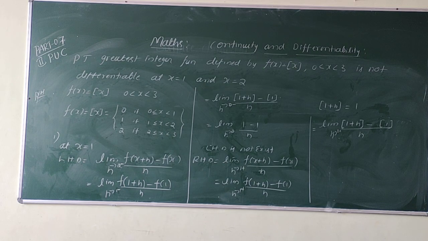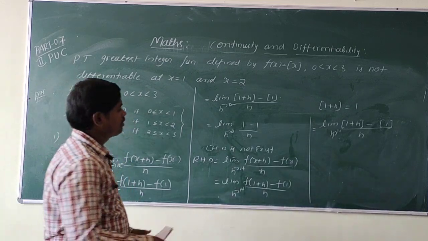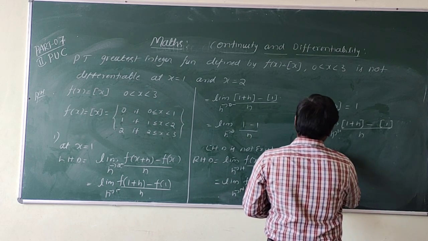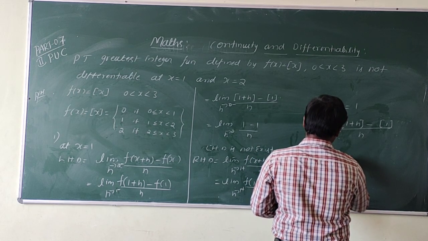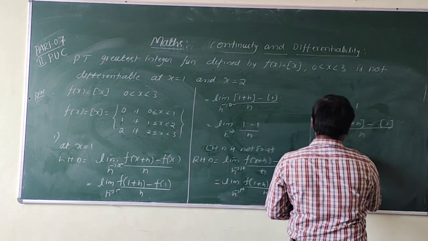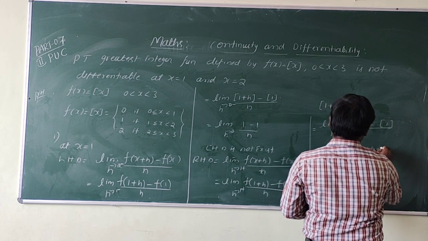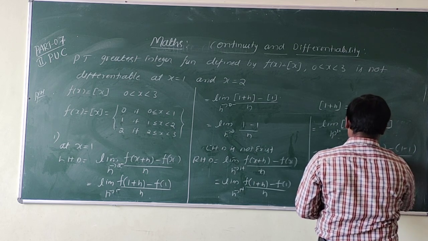So therefore we are taking 1 plus h. So this is equal to the limit as h tends to 0 plus of bracket of 1 plus h minus bracket of 1, which is 1 minus 1, divided by h.